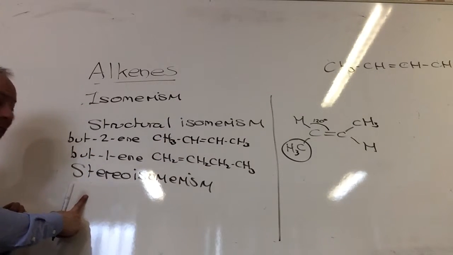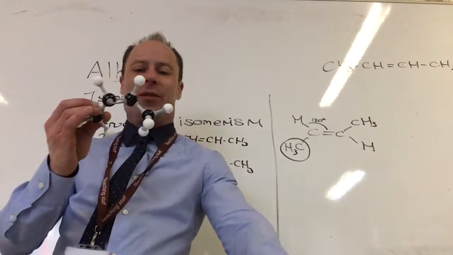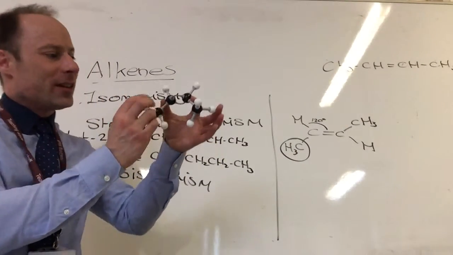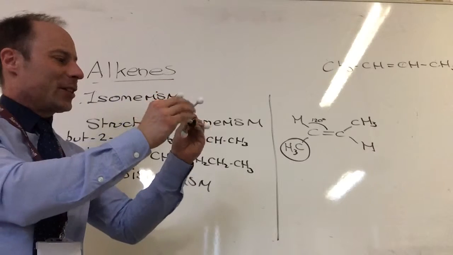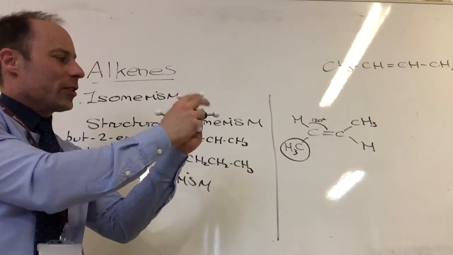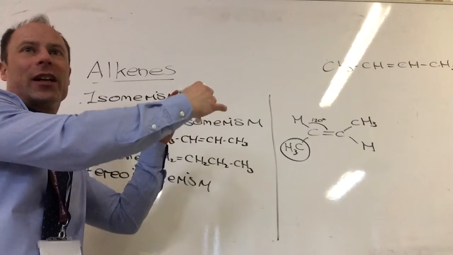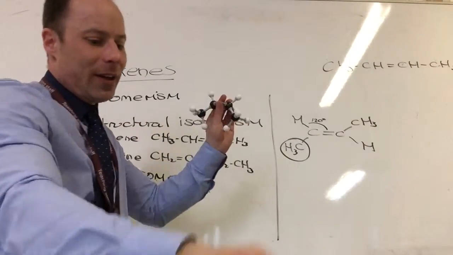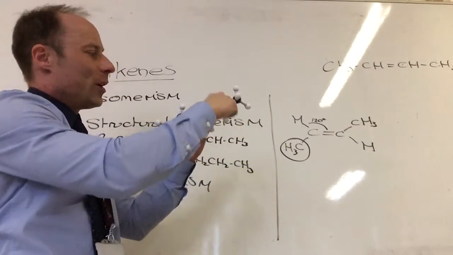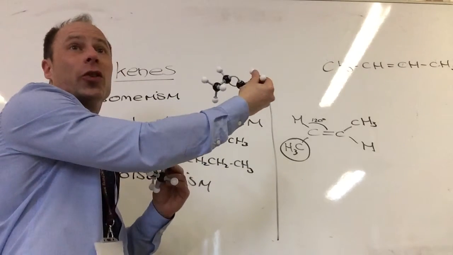Stereoisomerism is something that may be new. So these are stereoisomers. On this one, hopefully you can see, if that's my double bond there, I've got my 2 hydrogens pointing up and my 2 methyl groups going down, and I can't turn that around. This one has got the 2 hydrogens on opposite sides and my 2 methyl groups on opposite sides.